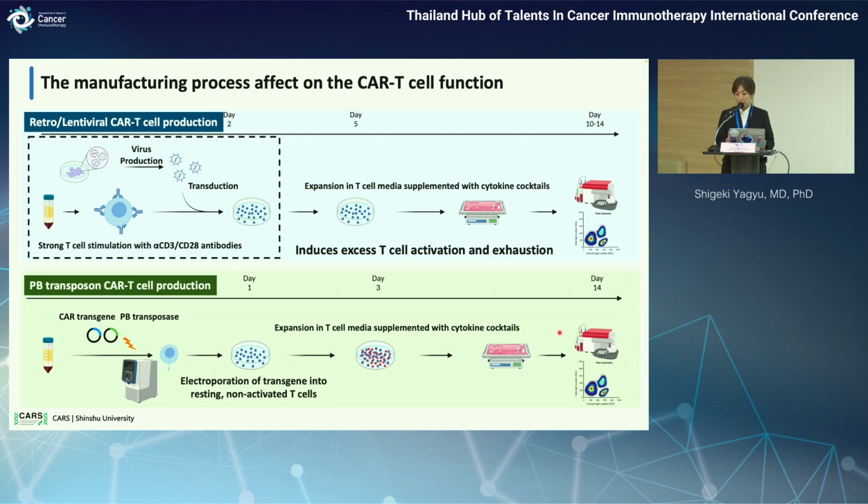As you know well, retroviral CAR T cell production involves T cell stimulation in the initial step because of the nature of viral transduction, in that retroviruses can only infect activated and proliferating T cells. However, this step leads to strong T cell differentiation.